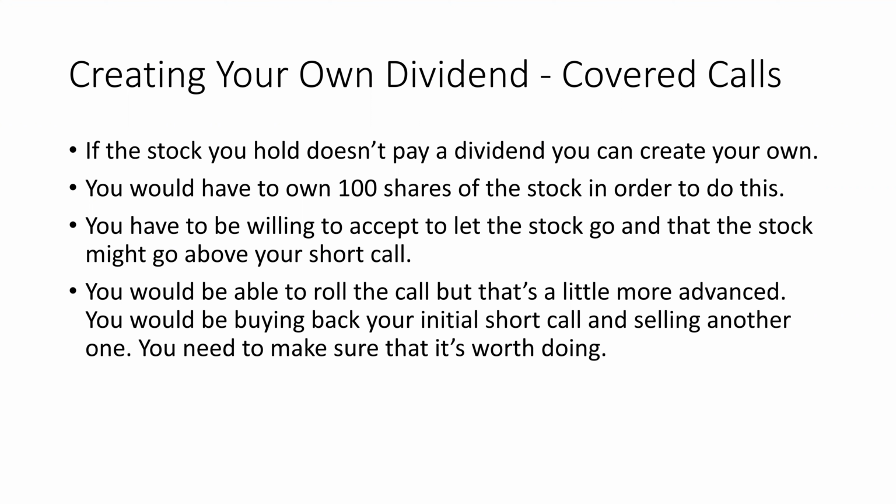So once you've sold your put to buy some stock that you want at the price that you want, you can turn around and create your own dividend or create a second dividend if your stock already pays one. So if it doesn't pay one, you're creating one. If it does pay one, you're creating a second stream of income from that stock.